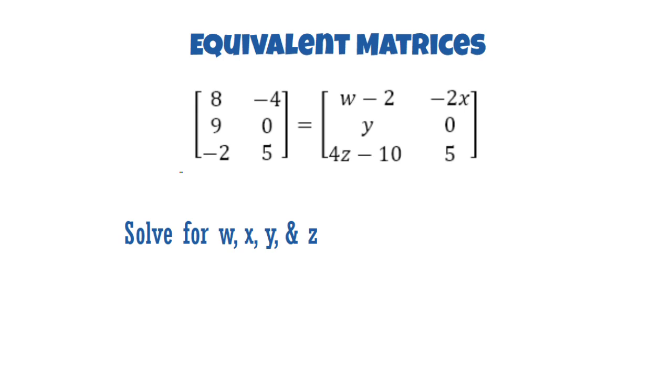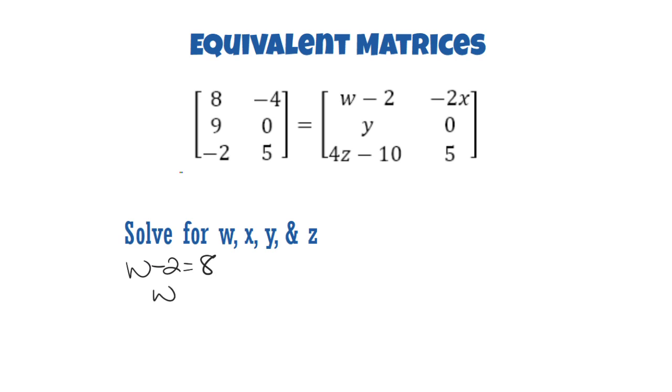No commas. So now what they want us to do in this example is to solve for the different values within that matrix. So when I look at this w minus 2, this is first row, first column. It needs to be identical to this. So that means w minus 2 is going to have to be equal to 8.